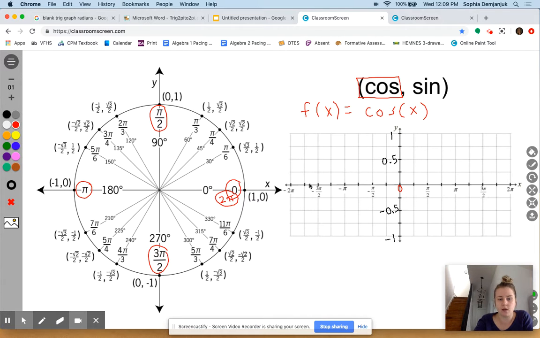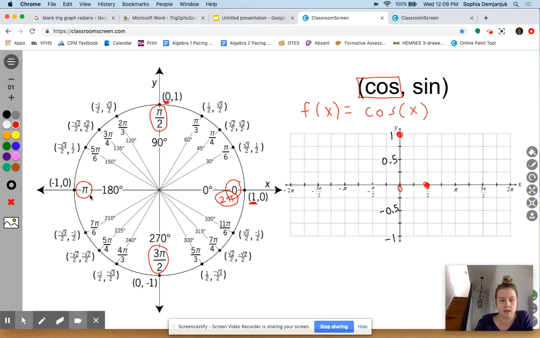So if I'm finding the cosine of 0, I'm worried about the x coordinate right here, which is 1. So at 0 radians, I'm going to go up 1. For my next jump, I'm looking at pi over 2. So finding that on my unit circle, cosine of pi over 2, my x coordinate is 0. So pi over 2 gets a dot at 0.